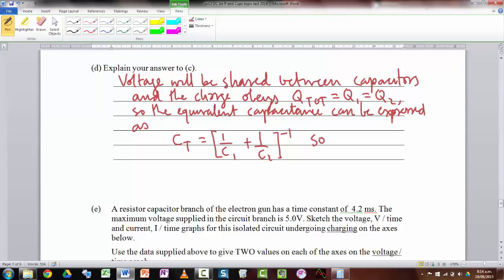So C total is less than C1 or C2. Okay, that's perhaps not the clearest answer in the world, but that covers all the bases.